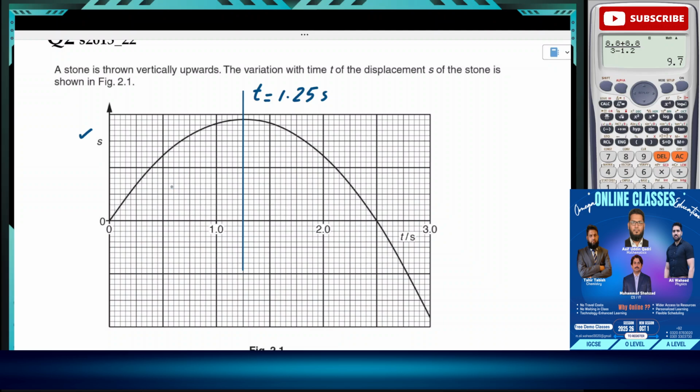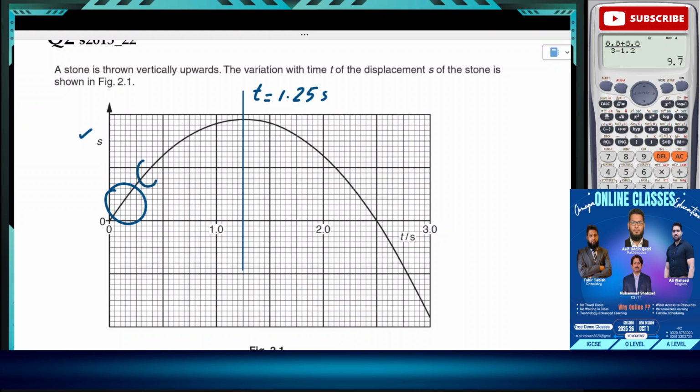Let's comment on the gradient, because we have to comment on the speed. We don't have the speed time graph, we have the displacement time graph, and speed would be analyzed by analyzing the gradient. What happens to the gradient?